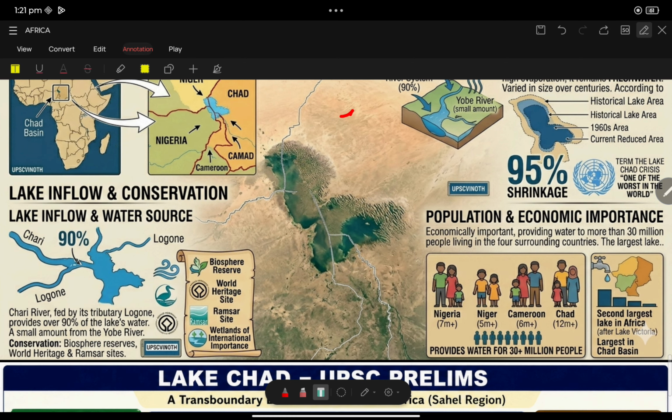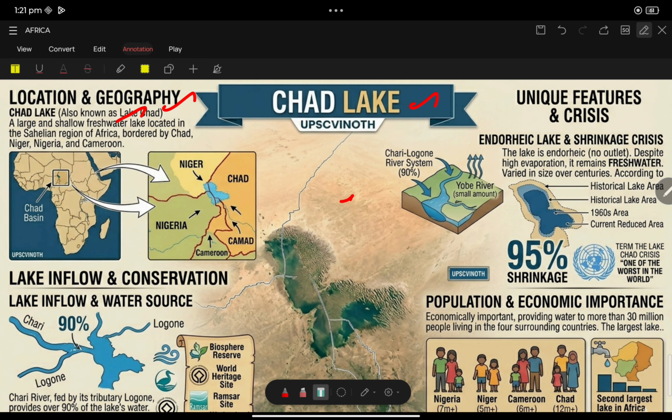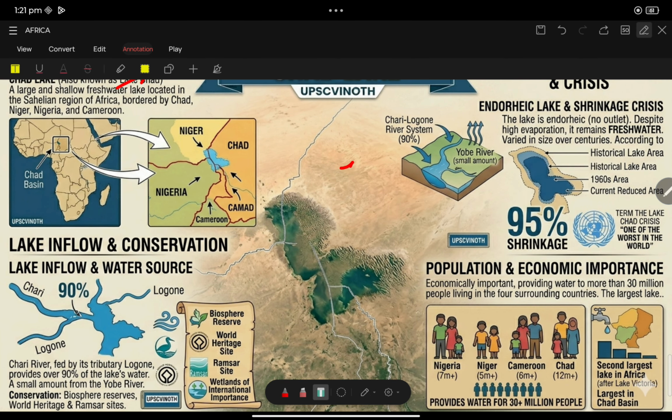This is an endorheic lake. Endorheic means no outlet to the sea. According to the Global Resource Information, it has given multiple facts.